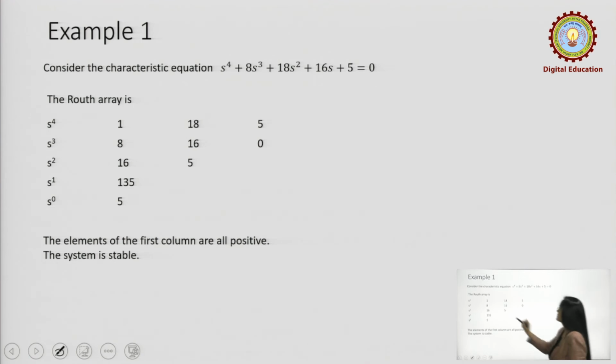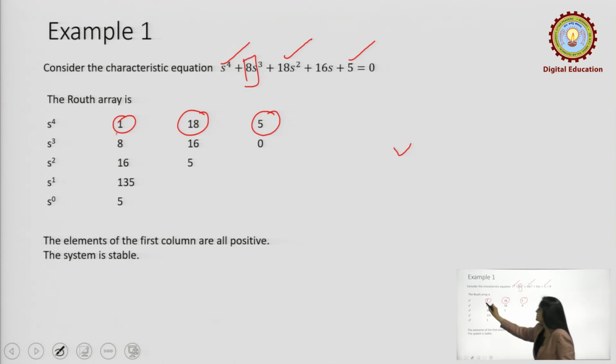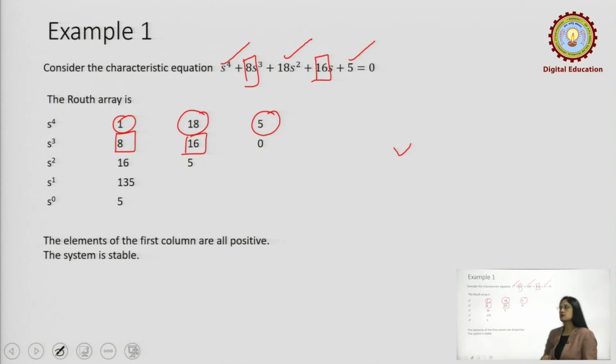The coefficient of s raised to 4 is 1, next is 8, and next is 5. What remains? We have 1 and 16, and we do not have a term after this, so we can write it as 0.